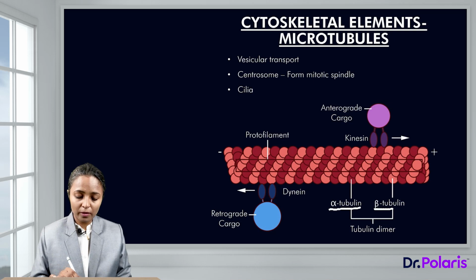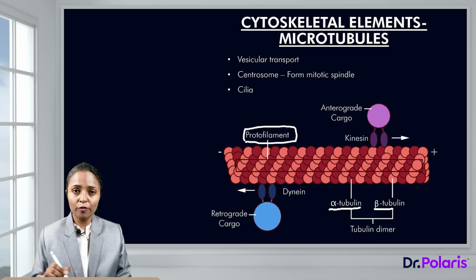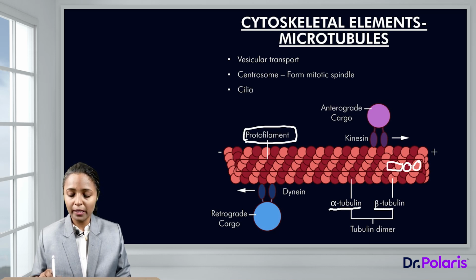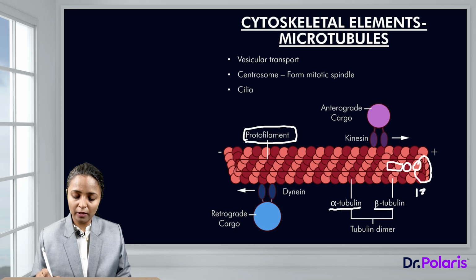So let's see one filament of microtubule. In one filament we have one alpha tubulin and one beta tubulin, and then again there is a repetition of this. So this is again alpha tubulin, beta tubulin. So this entire filament is the protofilament, and many of these protofilaments, that is 13, form the microtubules.